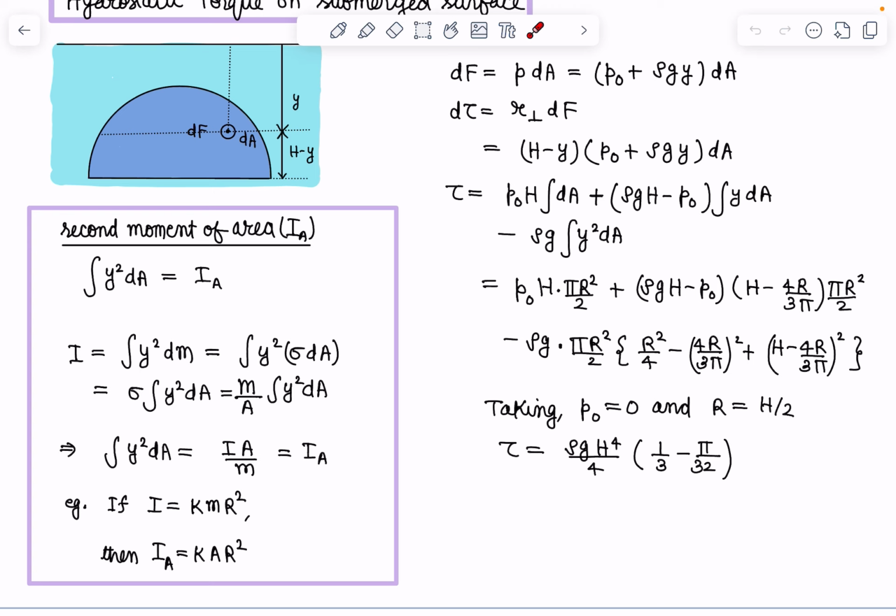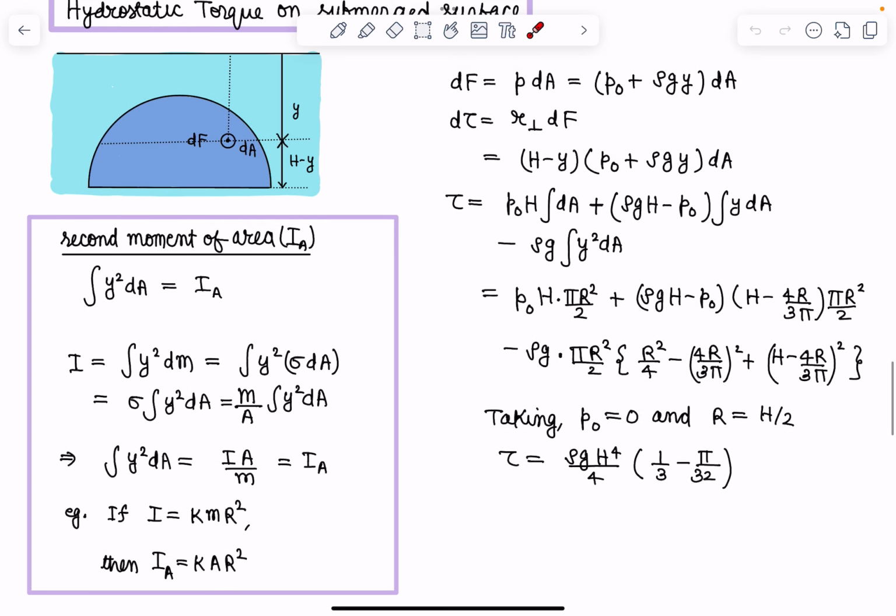So the second moment of area will be k times A times r square kind of thing. Like, for example, for this geometry of uniform lamina, in order to find the second moment of area, we first need to calculate the moment of inertia of this thing about the water line, this line, a line on the free surface of the water.